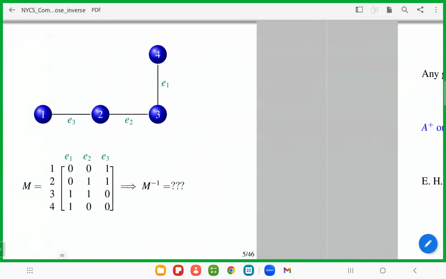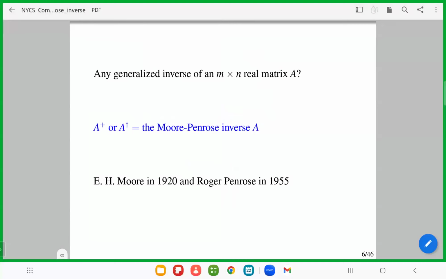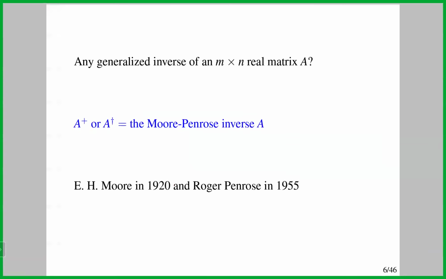There is something called a generalized inverse of any given matrix. It doesn't have to be a square matrix. If you have an m by n real matrix, its generalized inverse is called the Moore-Penrose inverse, denoted by A plus or A dagger. A dagger sounds a little bit violent, so I'll call it A plus.